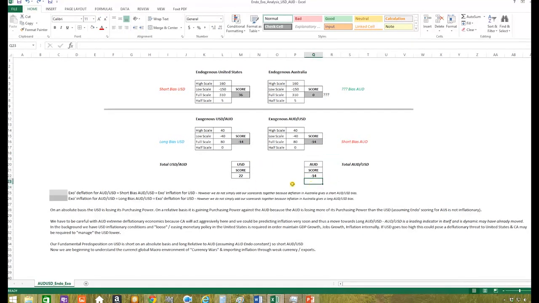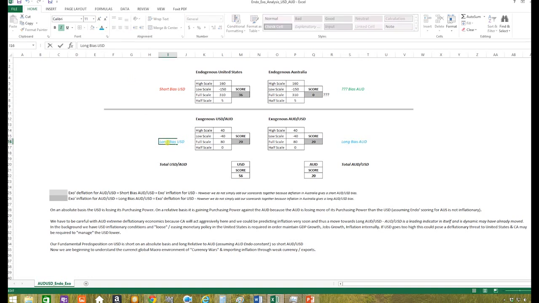Now, what happens if we stress test this analysis and we end up, for example, on the Australian side, getting a total number through our overall analysis, a total number that's positive? Well, this would mean that we have inflation or inflationary conditions on the side of the Australian economy, and we would end up having a long bias on the Australian dollar, US dollar exchange rate.